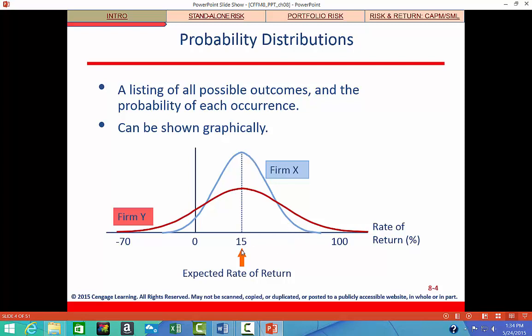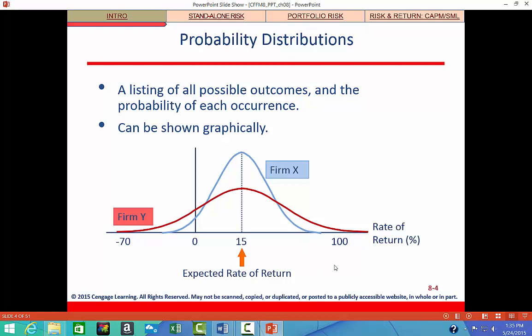They both have the same expected rate of return of 15%, but firm Y has a larger standard deviation than firm X. So for firm Y, there's a possibility that you could earn much more negative returns than you could for firm X, since its graph only goes down to this level of negative returns. Now, on the upside, firm Y also has a possibility of earning much larger returns than firm X.